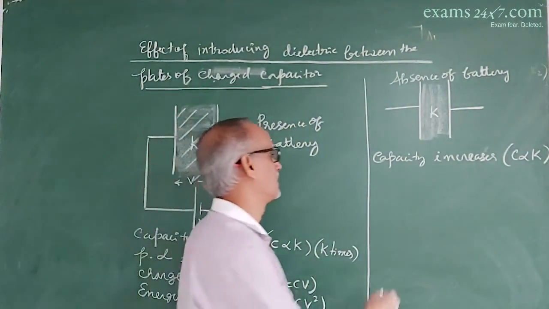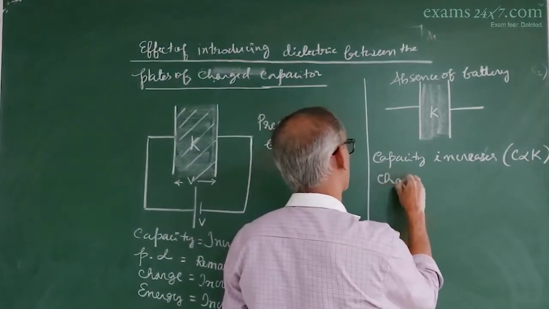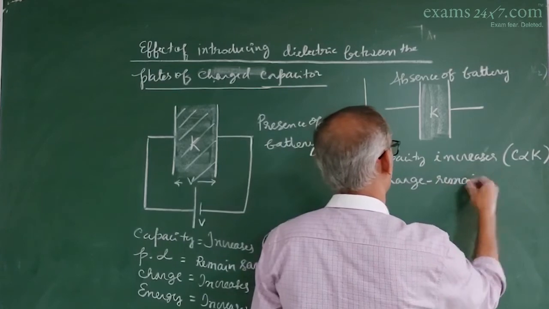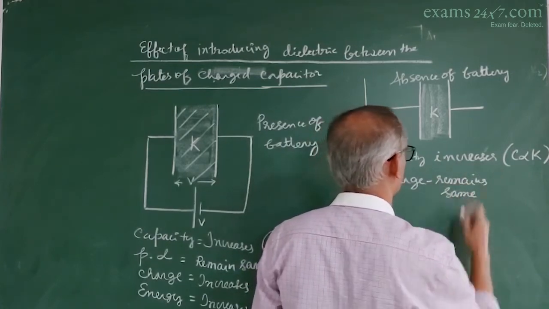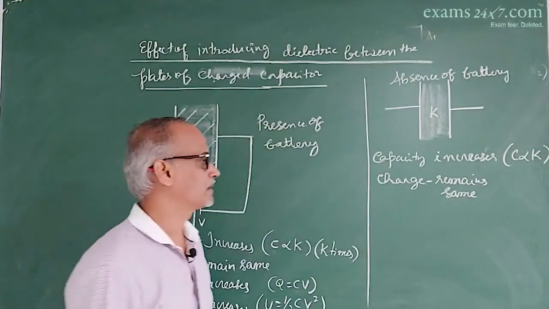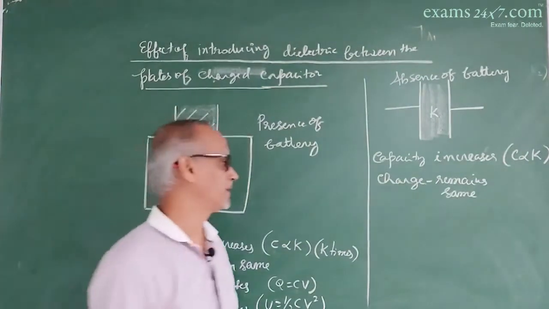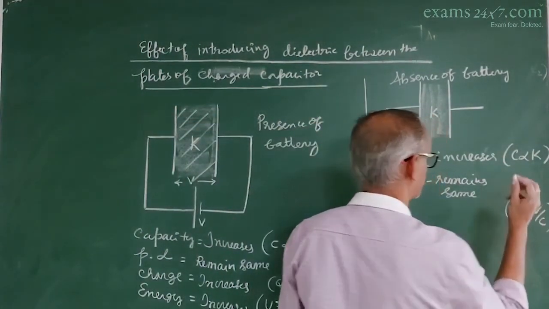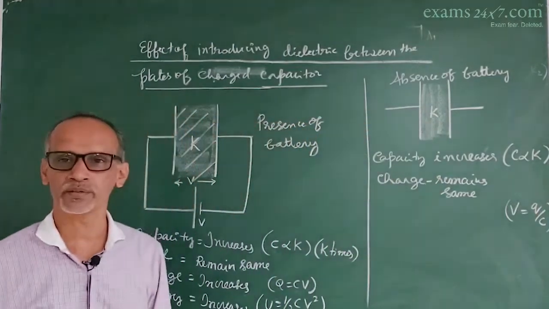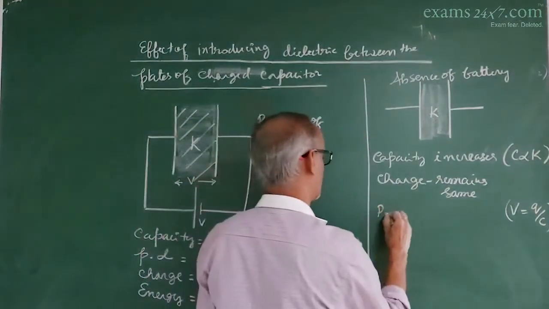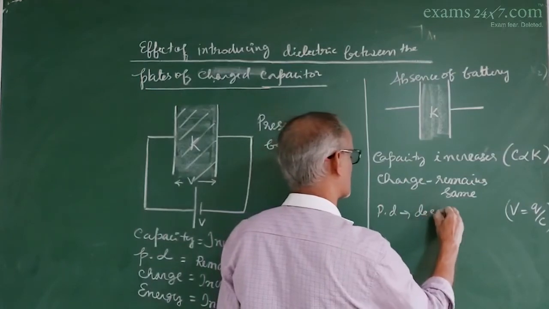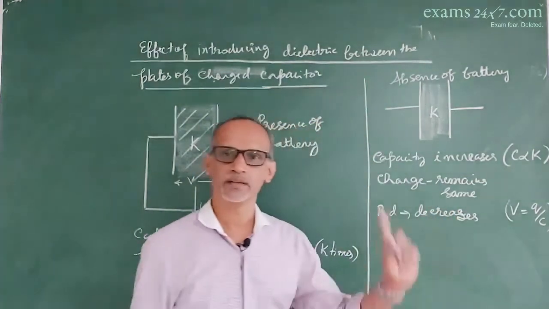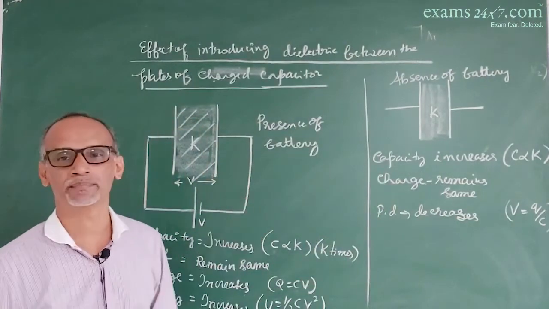So that's why charge remains the same. And in the equation C is equal to Q by V, V is equal to Q by C. When the capacity increases, the potential difference decreases, again by a factor of K.